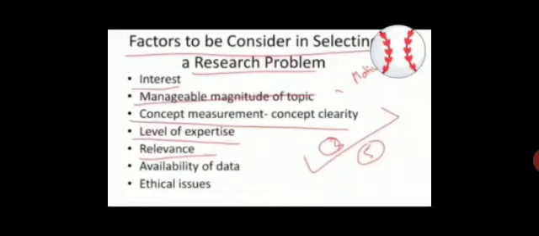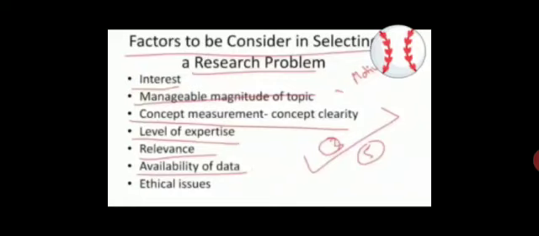Say for example, if you conduct a research about barter system which is no more in use in society, so the research would not be relevant. So whenever you are selecting your research problem or topic of your study, you should carefully see that the topic should be relevant to the society, and it should be according to the needs of society.